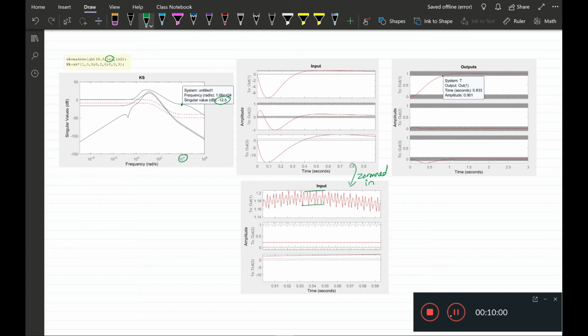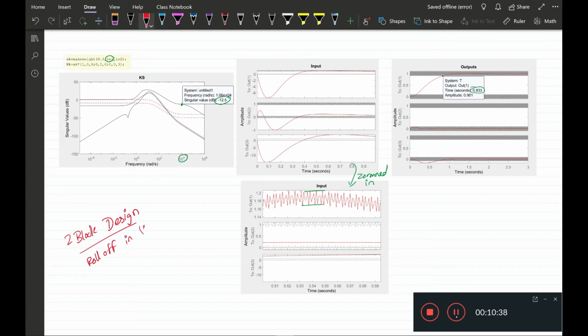And again the output is reasonably close to the one with our first design, with a slight increase in the settling time. So let's call this design again the two block design, because we are still shaping S and KS, but now with a roll off in K.